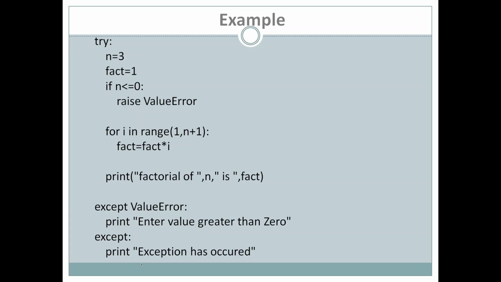So in such cases, in a regular scenario, the Python interpreter may not throw an exception when you have a value that is less than 0. But in our program, we want to throw an exception when the value of n, for which we want to find the factorial, is less than 0. So how can we use a raise statement for that? You can see we have a try block here.